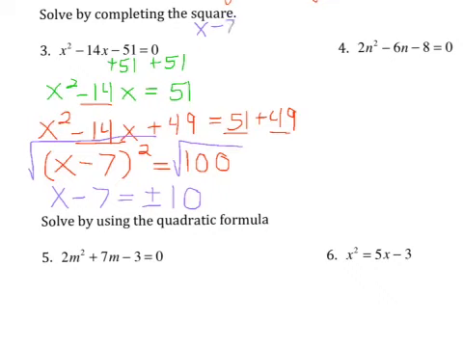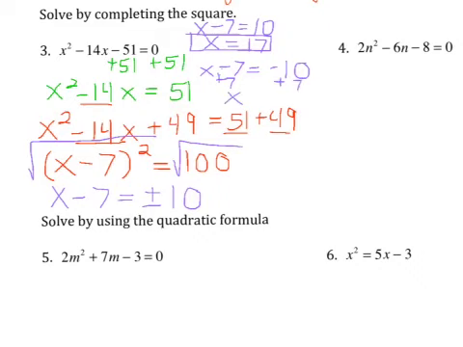X minus 7 equals positive 10, and x minus 7 equals negative 10. So then we'll get our two answers of x equals 17 when we add 7 to the other side, and x equals negative 3.